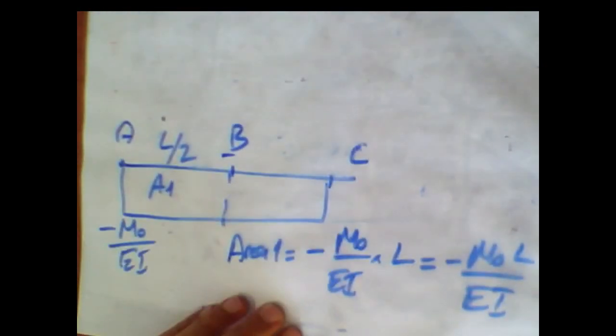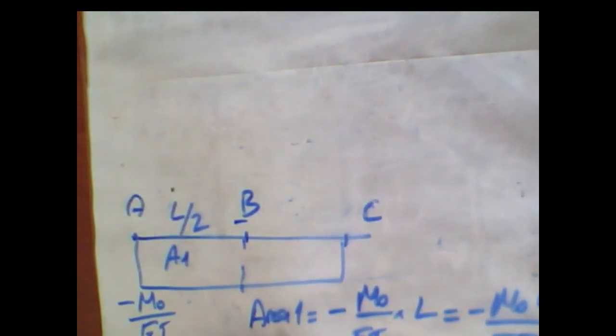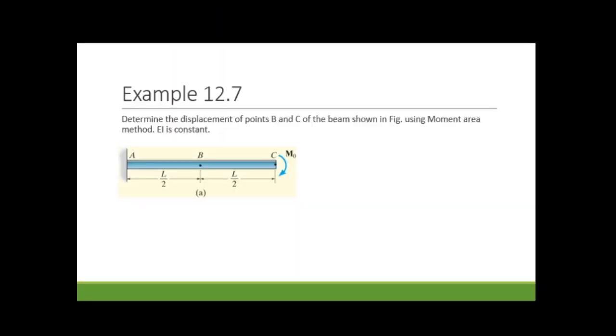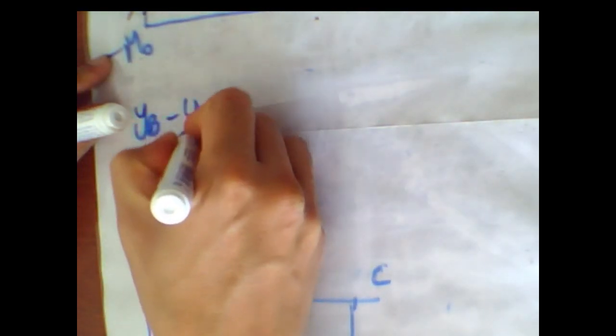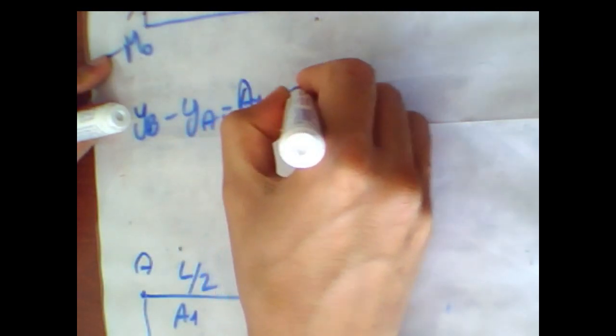So I want to go back to the question: determine the displacement at point B. You remember we have to use the second theorem. What is the second theorem? It's YB minus YA is equal to area times X bar.